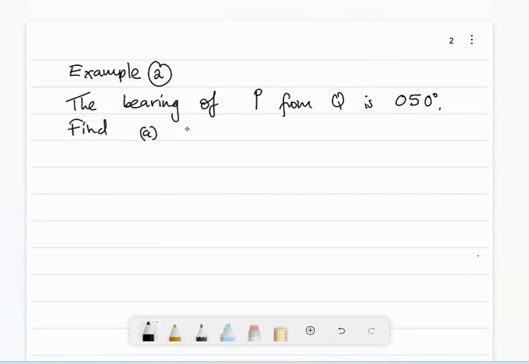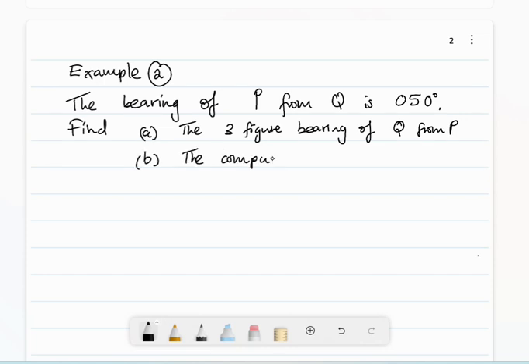Okay, find, I'm going to use both, A, the 3-figure bearing of Q from P, and then B, the compass bearing of Q from P again.